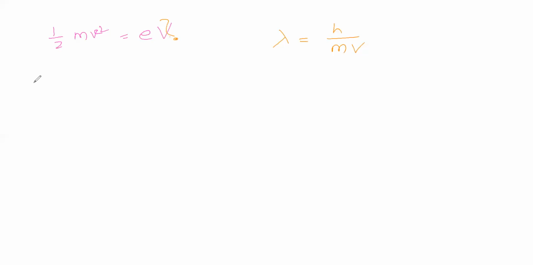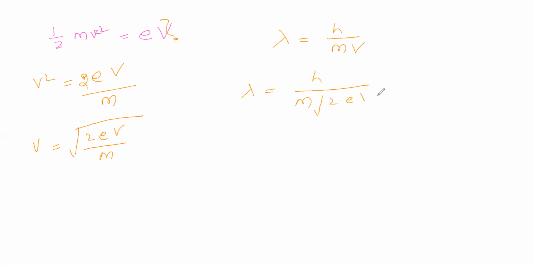From here v square is equal to 2eV by m, so v is equal to square root of 2eV by m. This v is called velocity. That velocity we will substitute here. Therefore lambda is equal to h by m into square root of 2eV by m.